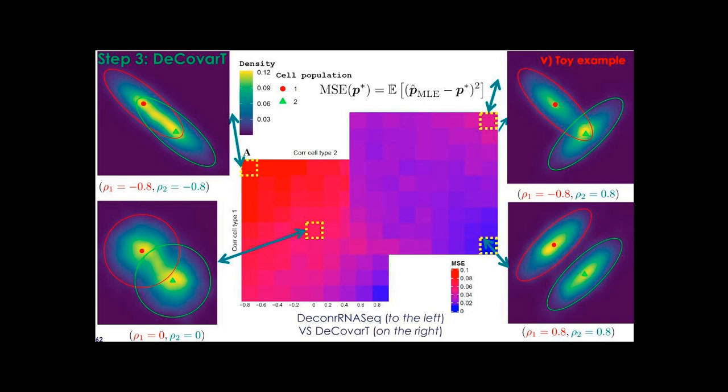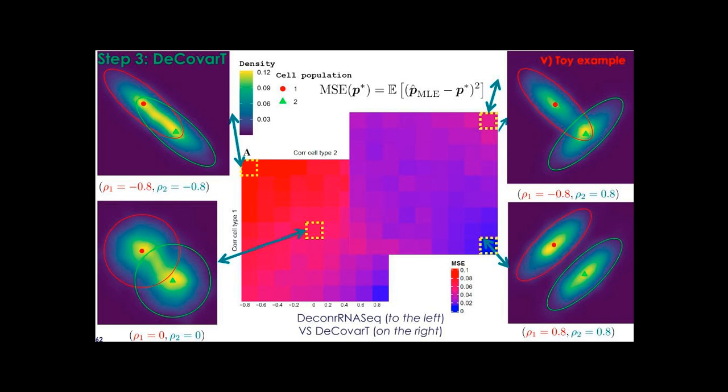And as you may have guessed, of course, it's much easier to infer the proportions of cell populations when your cell types are strongly separated, so it's the bottom right corner, while it's much more challenging to infer your ratios when the density distributions characterizing each of your cell populations are strongly overlapping, like in the top left corner.